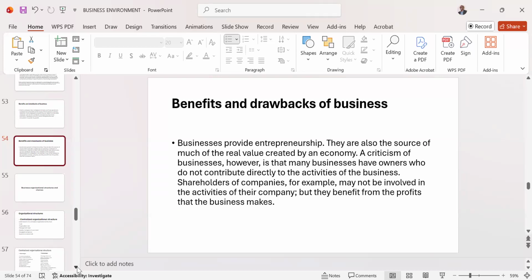They might even come around within the organization and you don't see them as one of the owners of the company. And so they still benefit from it. When they share dividends, some portion goes to them. They are not involved in the activities of the company, but they still benefit from the profits. Others may not be like that. So that's an example of the negative aspect of businesses.